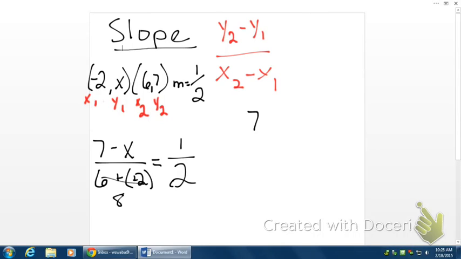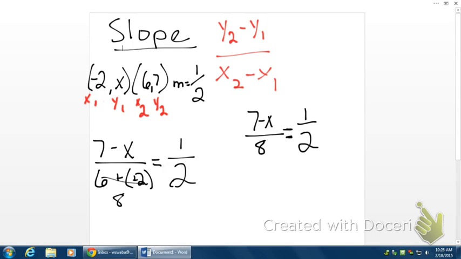I'm going to come over to the side, kind of run out of room over there. I moved all this over here to the side, that's all I did. The only thing I simplified was this 6 plus 2, and it gives me 8. So 7 minus x is over here, the 8 is over here, and the 1 over 2 is right over here.